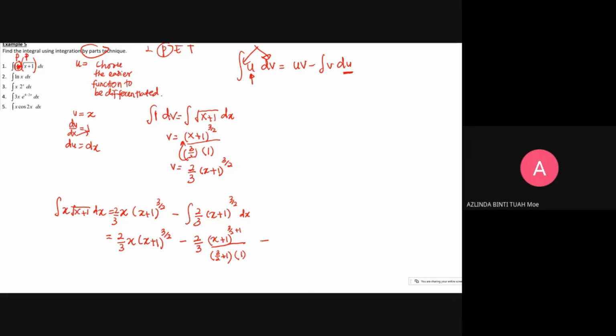Don't forget it's plus c. Okay. Simplify this bracket, then we finish. So the answer is 2 over 3x, x plus 1, 3 over 2 minus, what do we get? 2 over 3 divided by this new number.